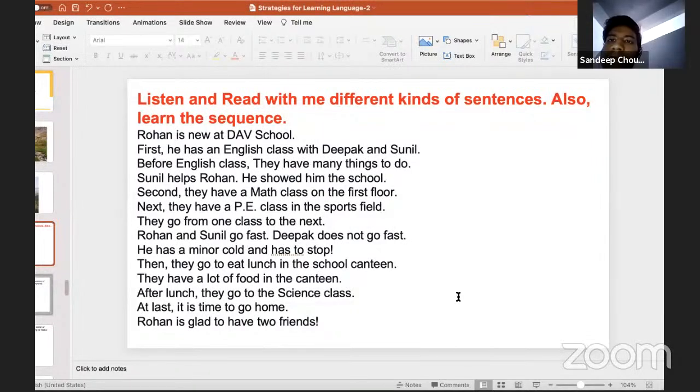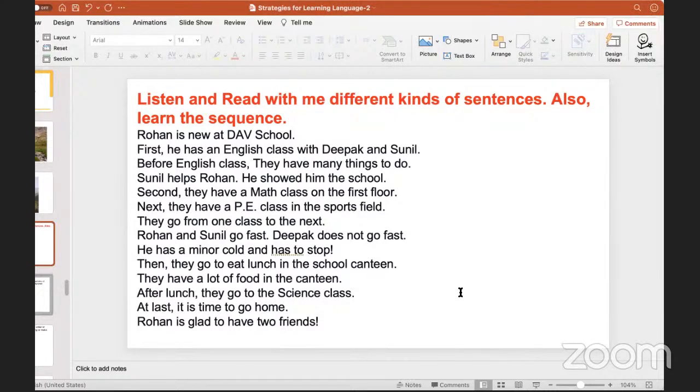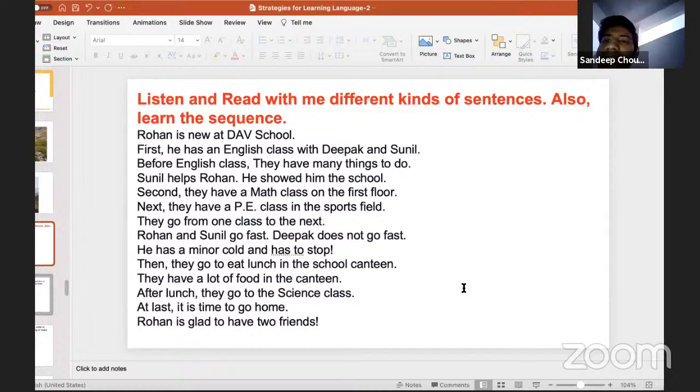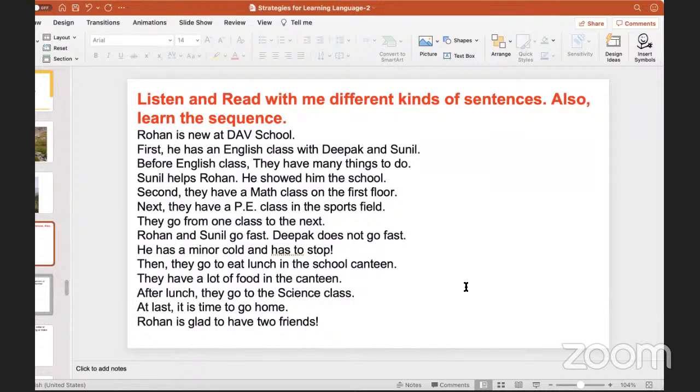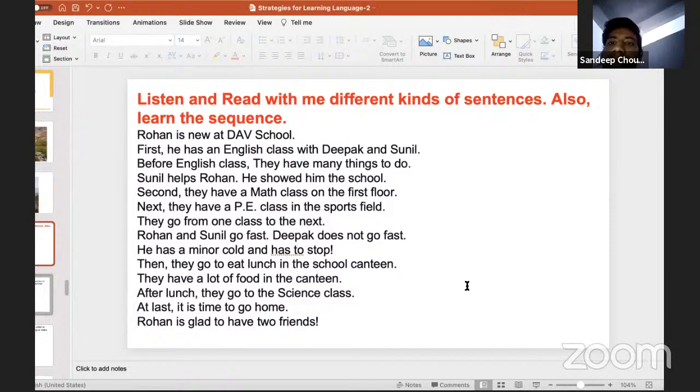Rohan and Sunil go fast. Deepak does not go fast. He has a minor cold and has to stop. Then they go to eat lunch in the school canteen. They have a lot of food in the canteen. After lunch, they go to the science class. At last, it is time to go home. Rohan is glad to have two friends.